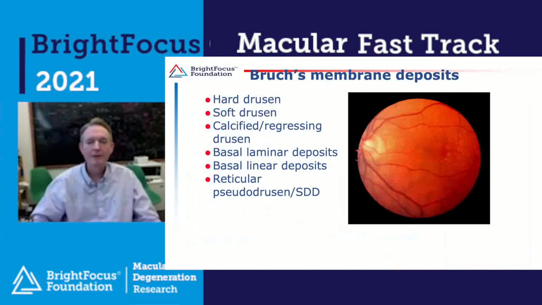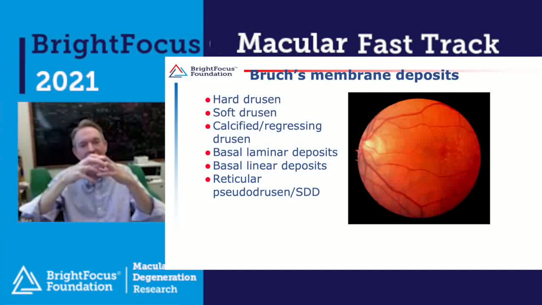So Bruch's membrane deposits can take on multiple forms, including what are called hard drusen, what are called soft drusen, calcified or regressing drusen, in addition to some less lumpy, less discrete forms of deposit.